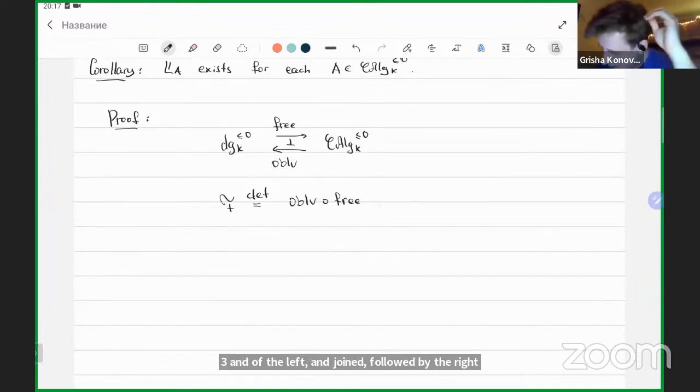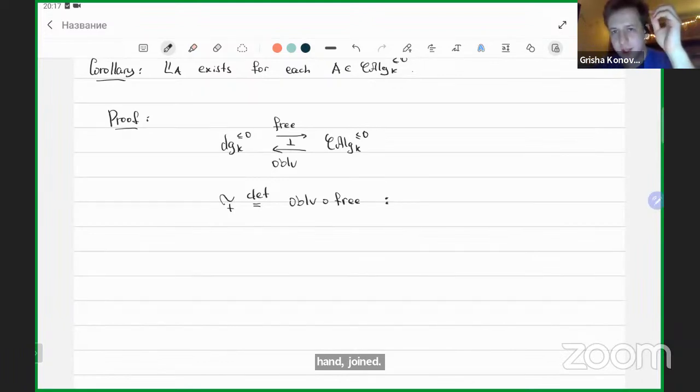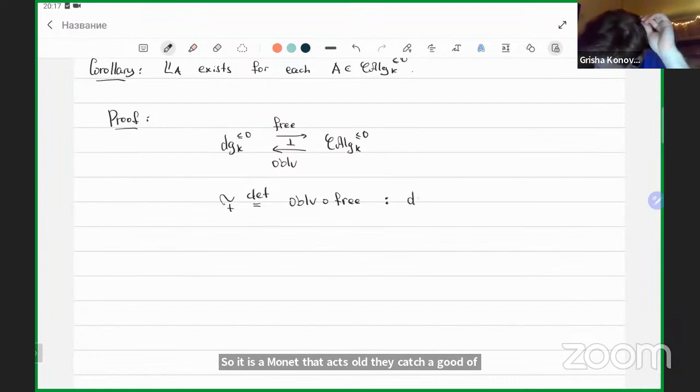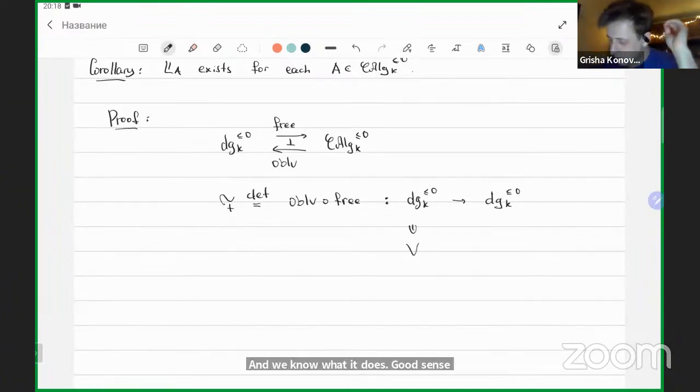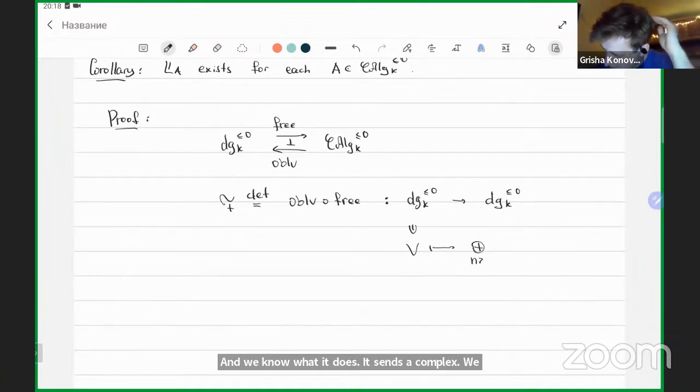So it is a monad that acts on the category of complexes. And we know what it does. It sends a complex V to this.